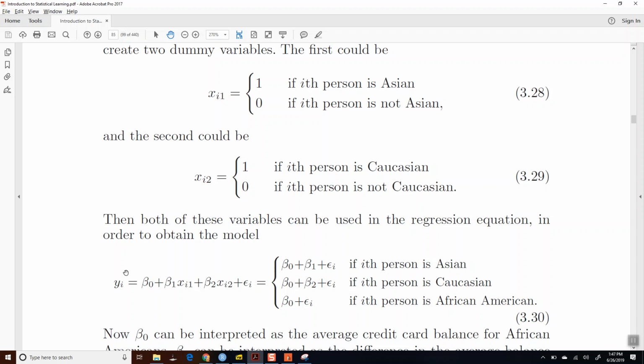And in this case, it gets coded up like this. The estimate for the person being Asian is this, the estimate for the person being Caucasian is this, and the estimate for African American is this. So that's how categorical variables are handled in a linear regression setting, where each of these things gets coded into variables of zeros and ones.